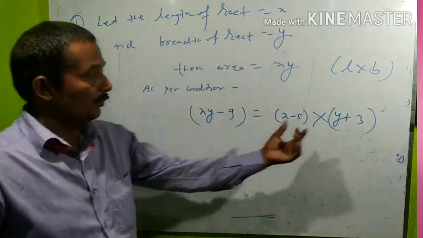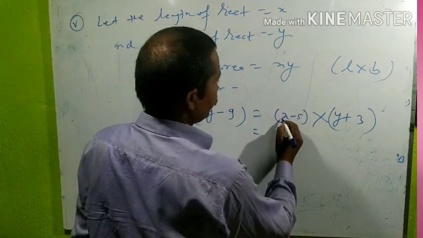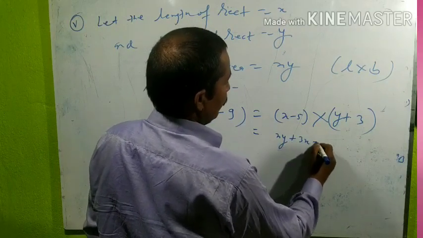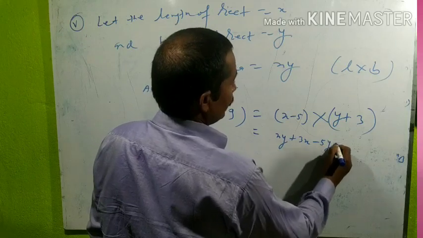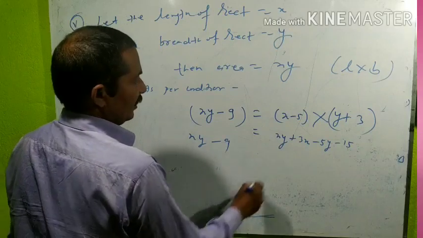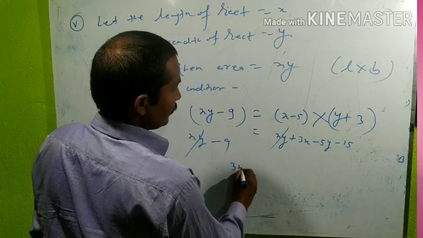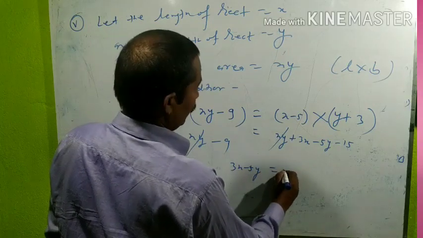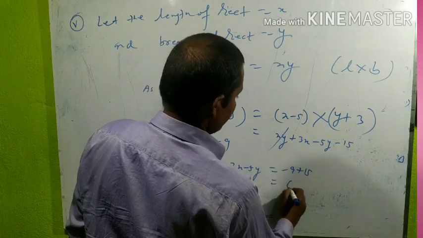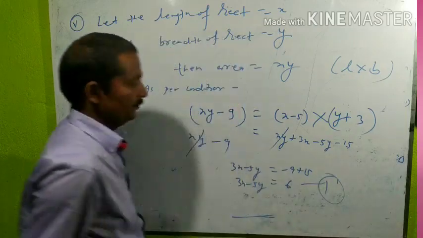Now these two will multiply and like that, xy plus 3x minus 5y minus 15 is equal to xy minus 9. xy will cancel. Then 3x minus 5y is equal to minus 9 plus 15 is equal to 6. So 3x minus 5y is equal to 6, first equation.